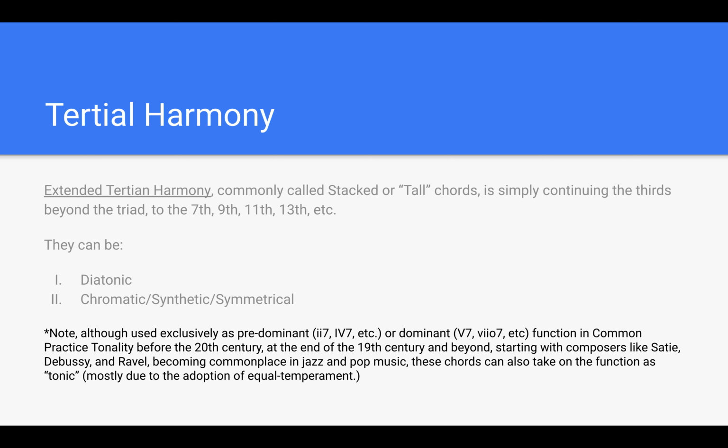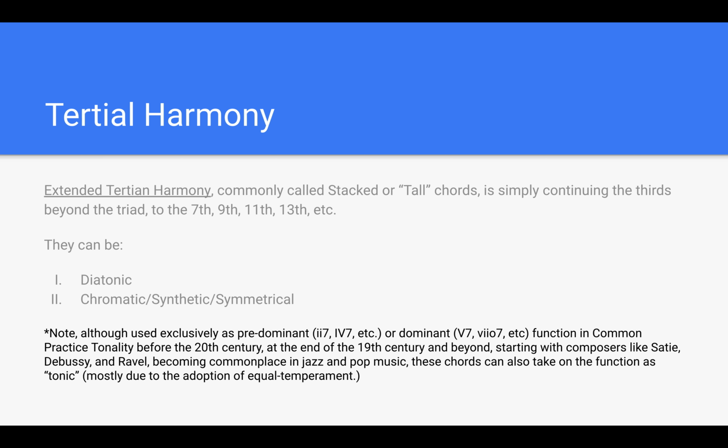Synthetic kind of means you made it up. Symmetrical, we saw some of those, where they are symmetrical from top to bottom, like whole tone, which is whole, whole, whole, whole, whole, until we get back up to the octave again, or octatonic, which is whole, half, whole, half, whole, half, whole, half, or half, whole, half, whole, half, whole, until we get to the octave again. That would be something that's symmetrical. You remember this from the scale chart I gave you.